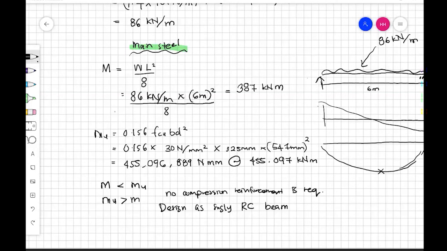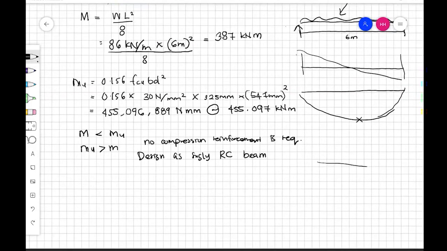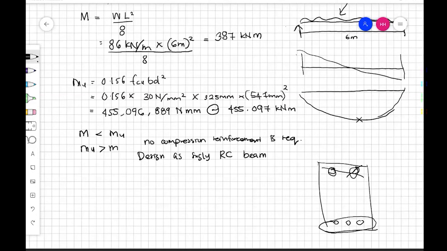Kita tahu our design going to be like only tensile steel saja ataupun tensile bar saja dekat bawah, tak ada compression bar kat atas. Maksudnya ini adalah singly punya design. Kalau doubly baru ada yang kat atas ni, actually it act as compression bar. Kalau tak perlulah.